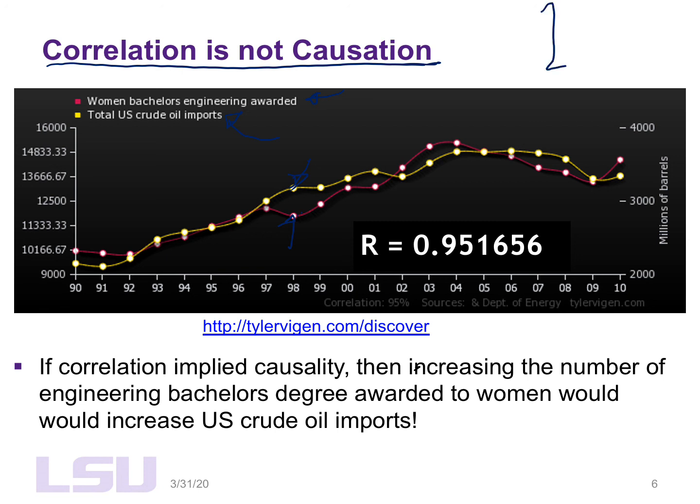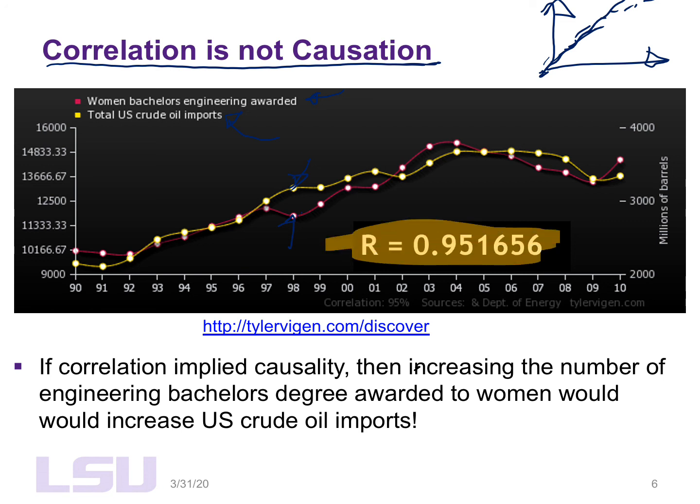So if you were to cross plot them, one on the X, the other on the Y, the data will pretty much go along a straight line. And when you draw that straight line through it and calculate the correlation coefficient, it will give you this value, which is very high, right? Strong positive correlation.